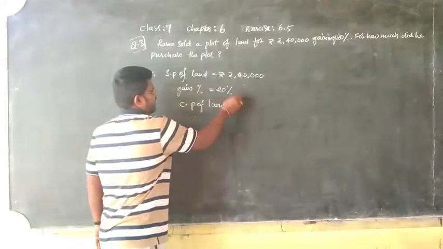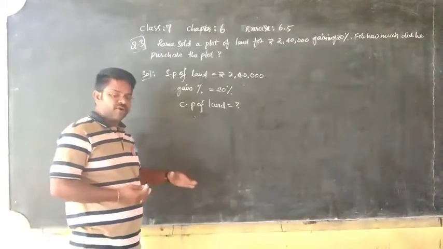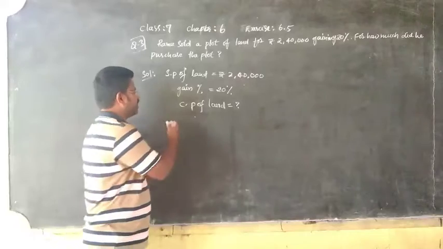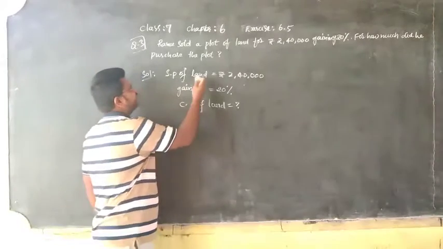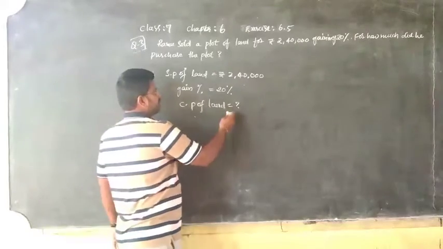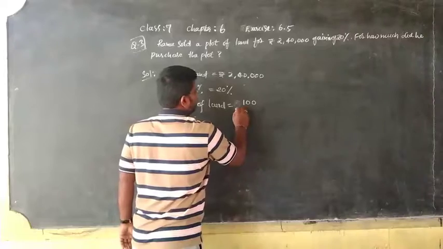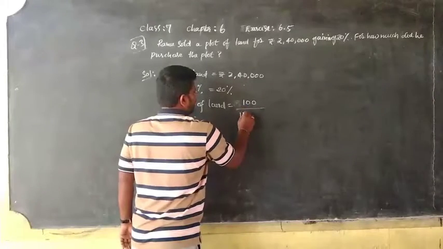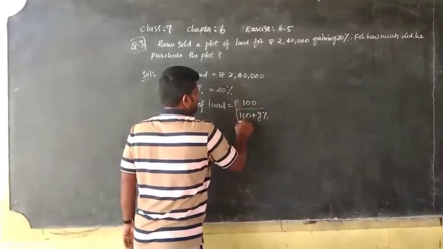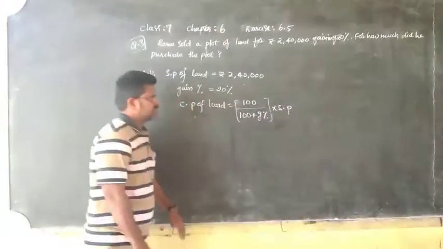Right. How to find it? There is a formula I will tell you. By using that formula you can find the cost price when selling price and gain percent have been given. We have a special formula. CP of the land equals 100 by 100 plus gain percent into selling price.